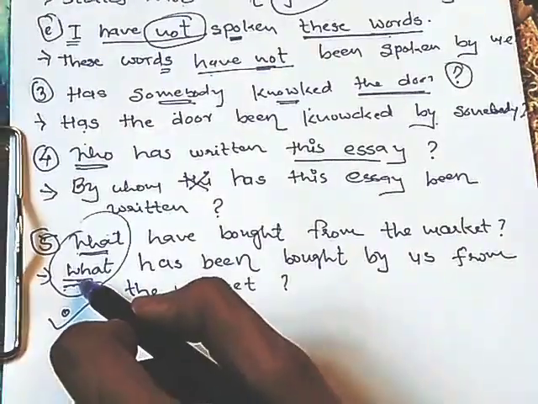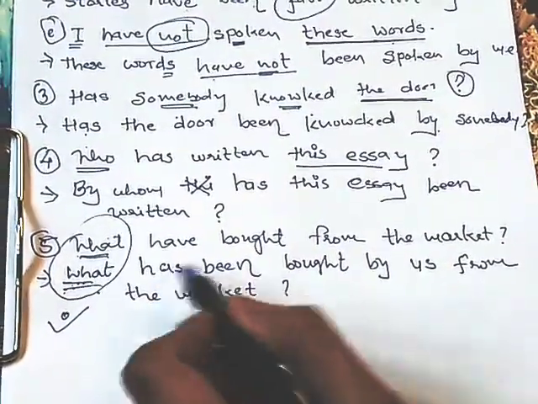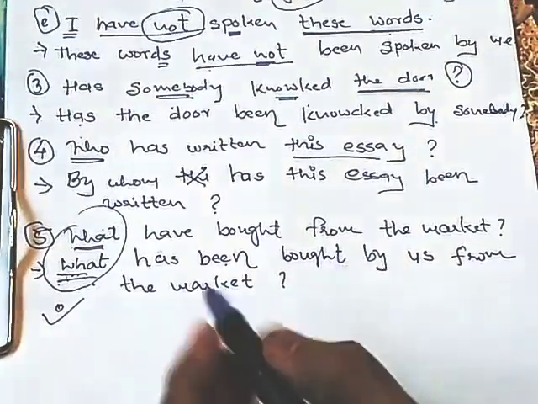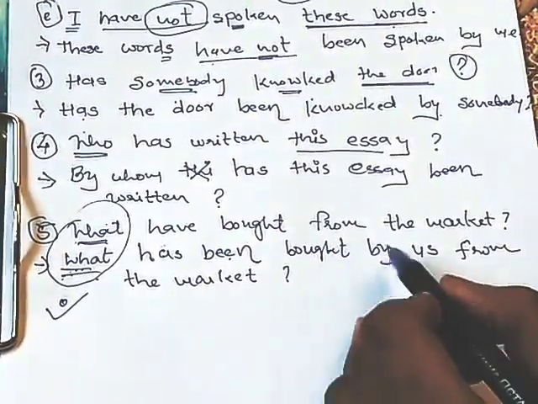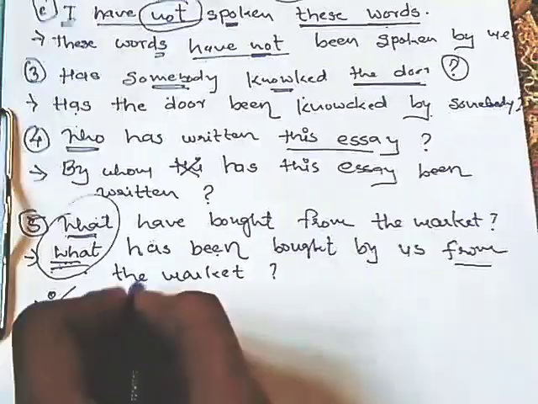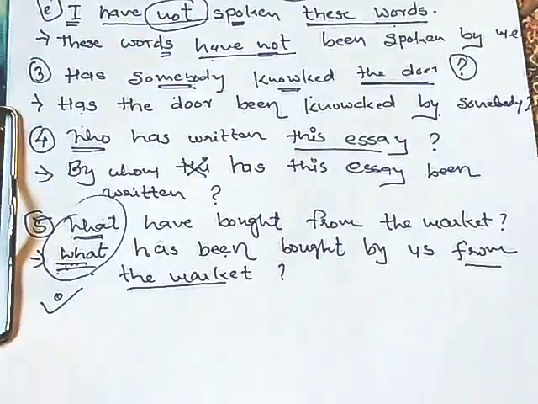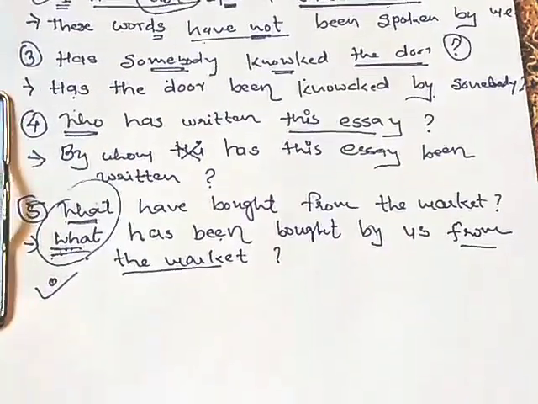In the beginning put the given question word what, then after that has been or have been regarding the object. What has been bought by us from the market. Now from the market is considered as other words. So this is how the changes will take place here.